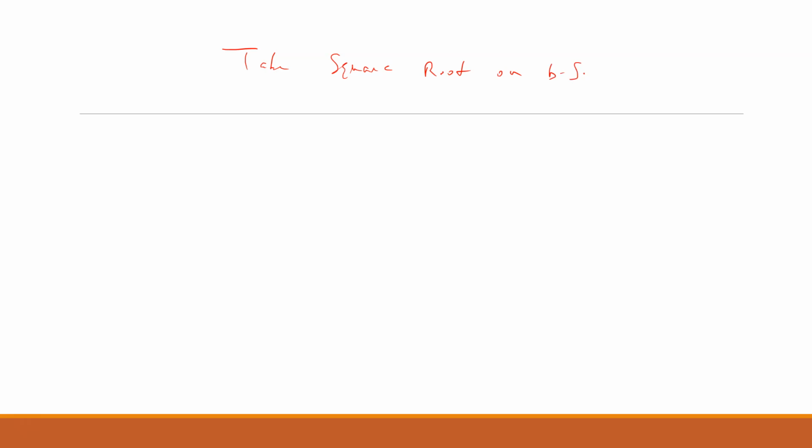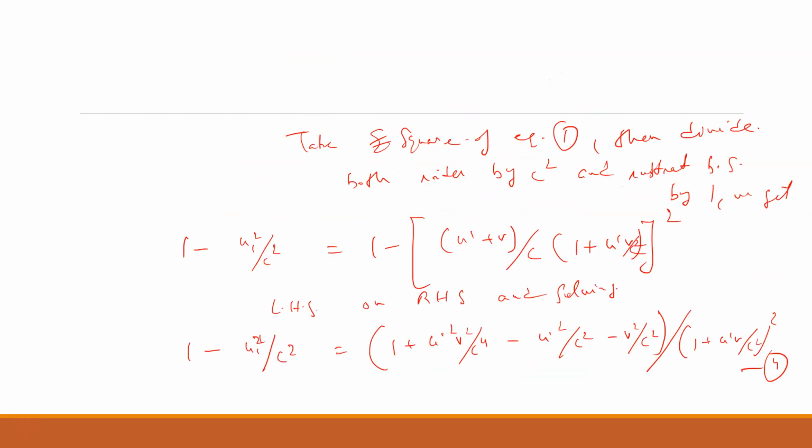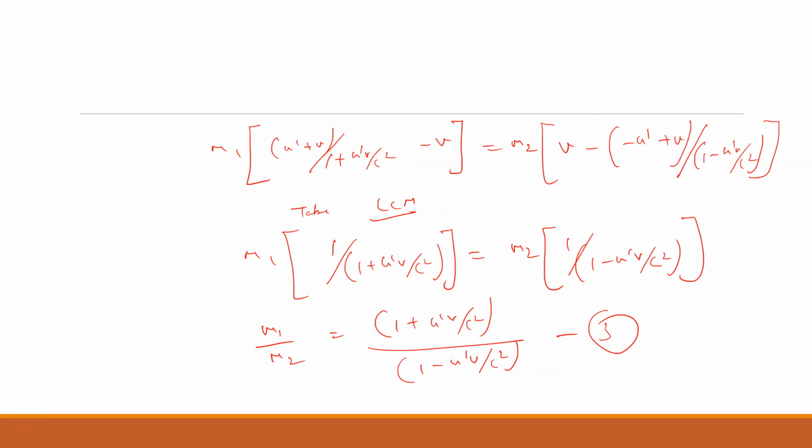We will get 1 minus u2 square by c square root, 1 minus u1 square by c square root equals to 1 plus u dash v by c square, 1 minus u dash v by c square. Equation number 6. Now compare equation 6 and 3. Okay, this is our equation number 3.